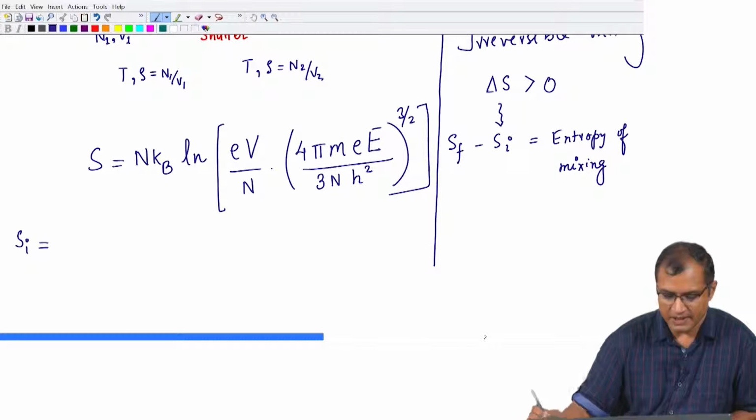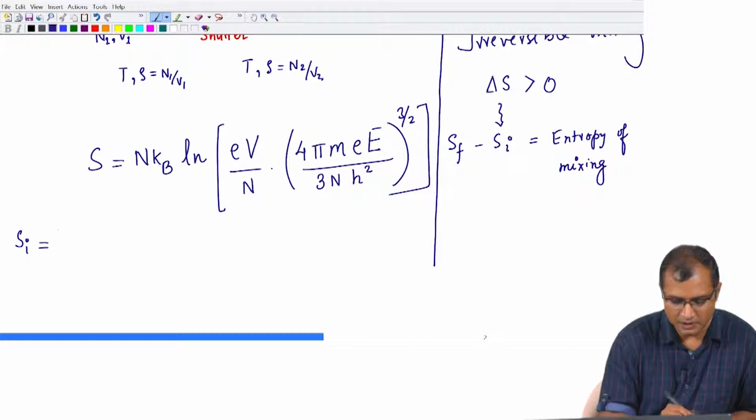So, initially the entropy, using this expression, for the A type particles is simply N1, because you had N1 particles, into Kb into ln.